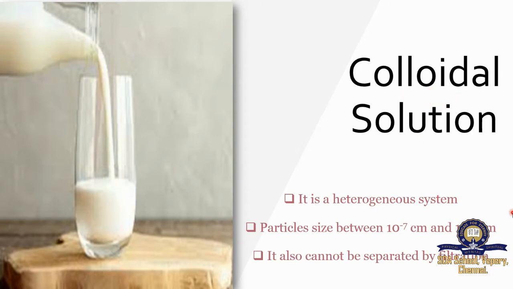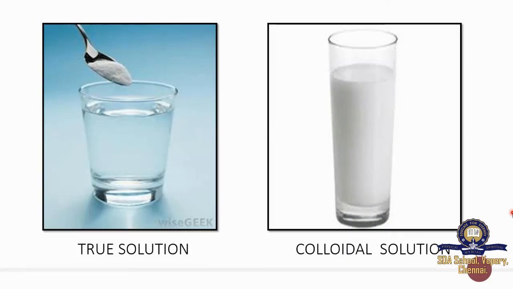So let's take the salt solution and the colloidal solution. Mostly both solutions have the same properties. Both look like homogeneous mixtures, but we know that milk is a homogeneous looking heterogeneous mixture. So how do we differentiate true solution and colloidal solution? Yes, the first best difference would be the true solution will be clear and transparent.